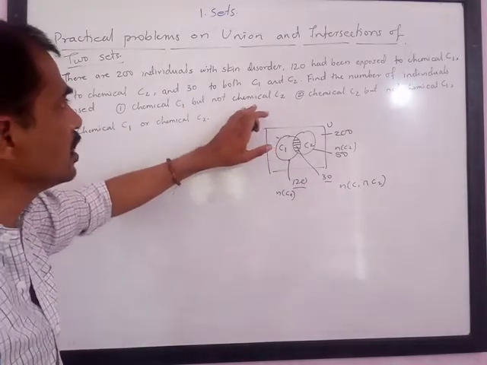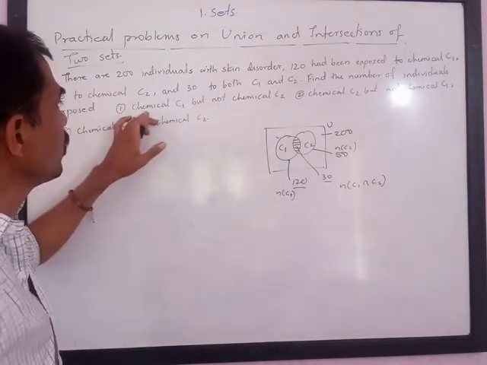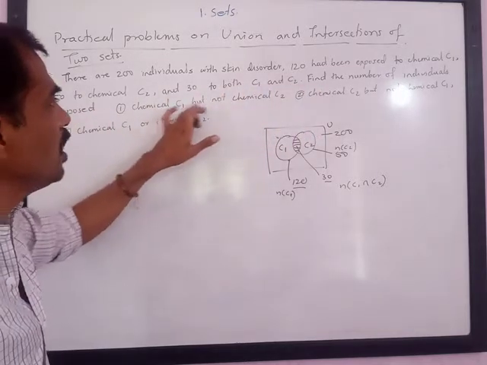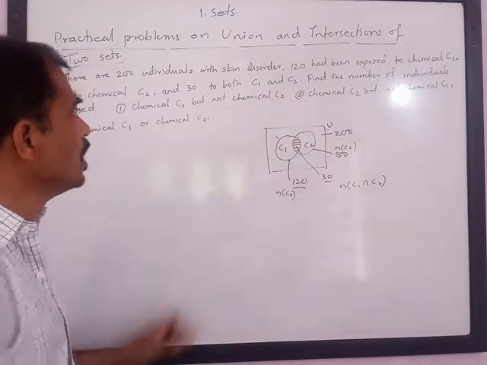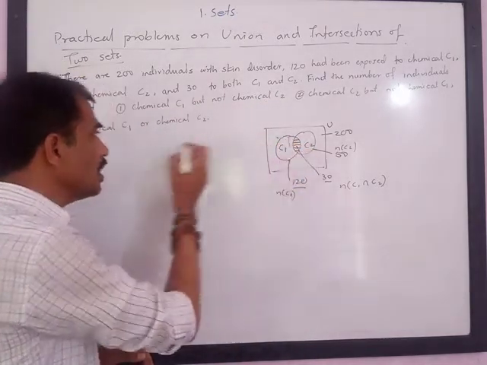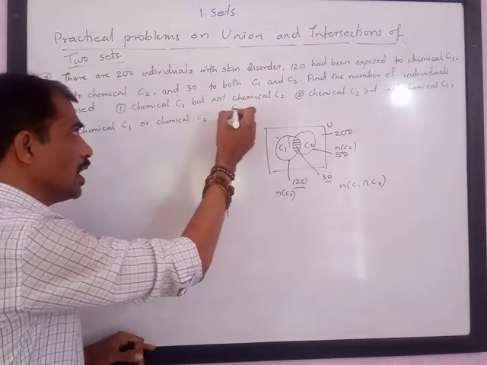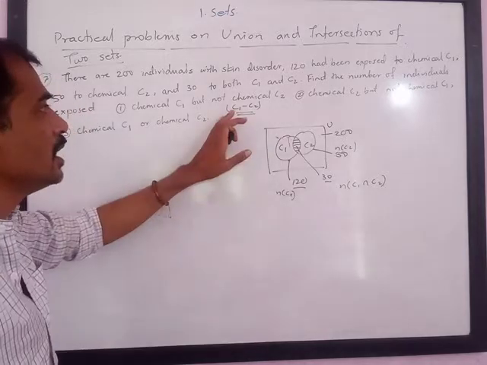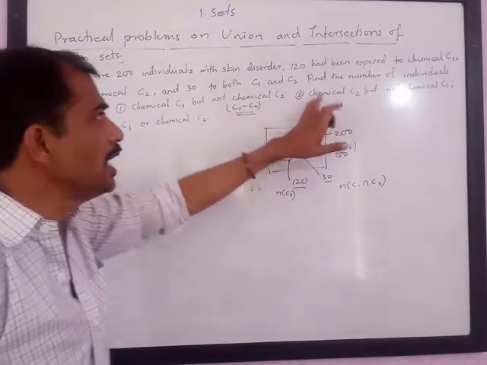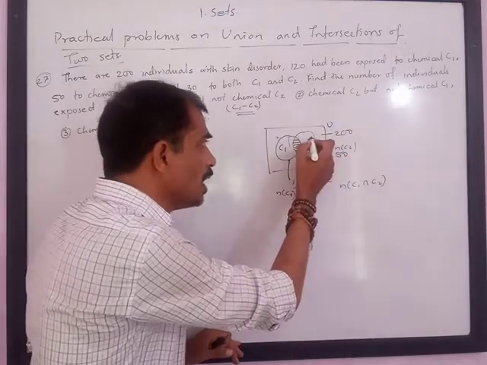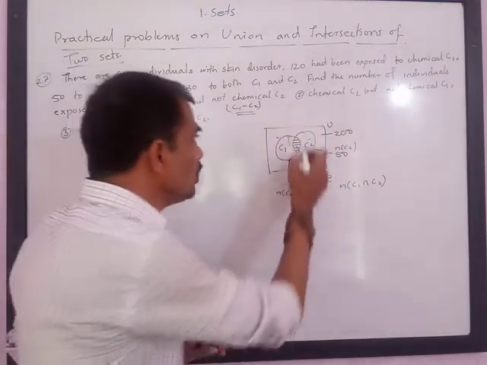Now we are asked three different questions. Find the number of individuals exposed to chemical C1 but not to chemical C2. It means this part is asked, that is C1 minus C2. Second is chemical C2 but not chemical C1, means this unshaded part is asked, that is C2 minus C1.